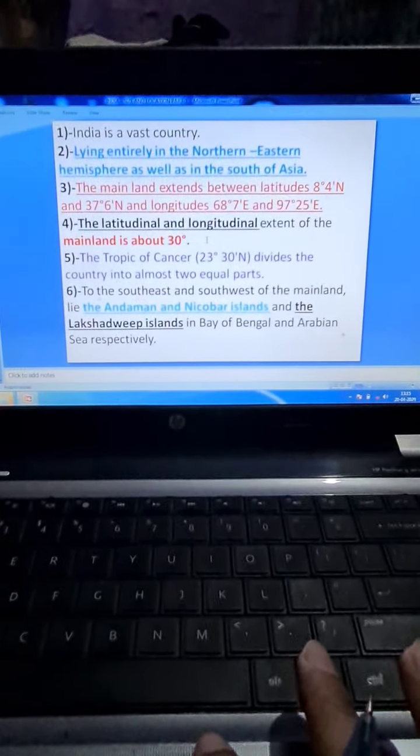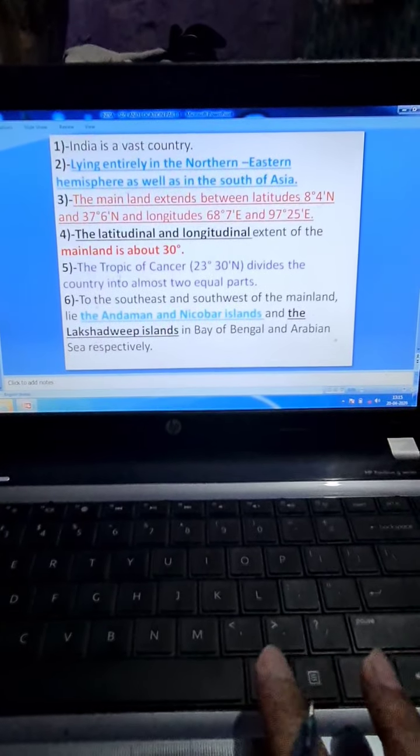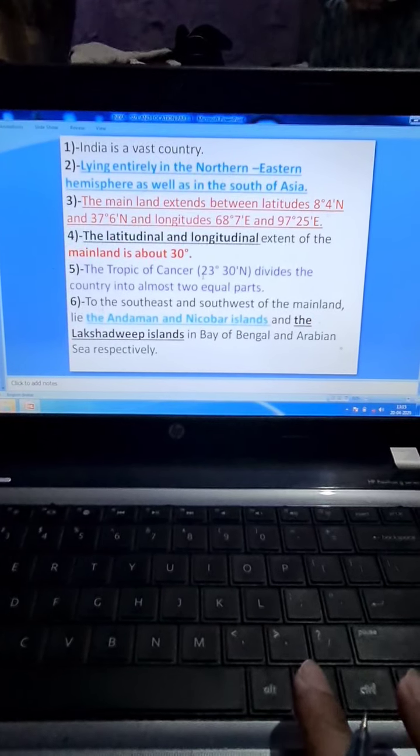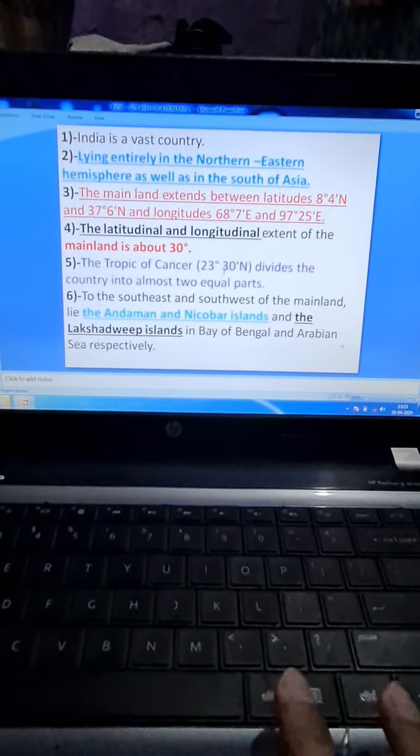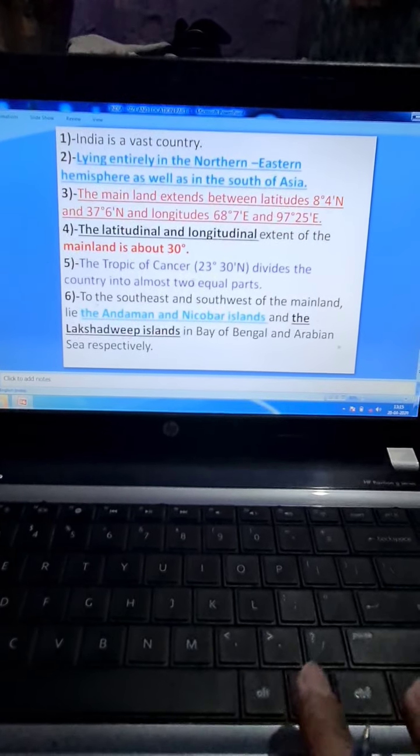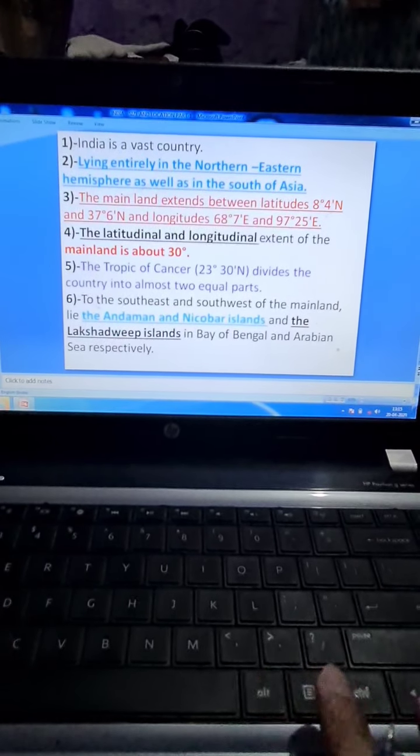Now the next point that is given: the Tropic of Cancer, 23 degree 30 minute north, divides the country into almost two equal parts.